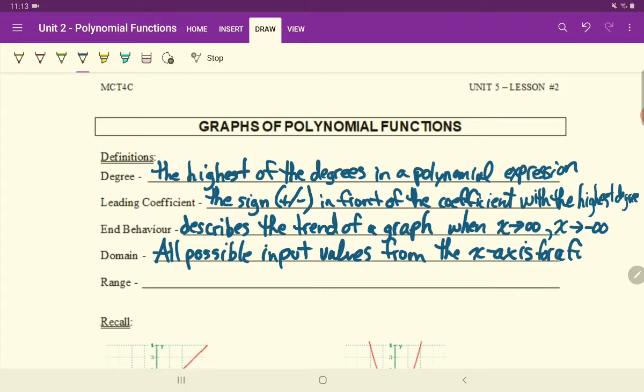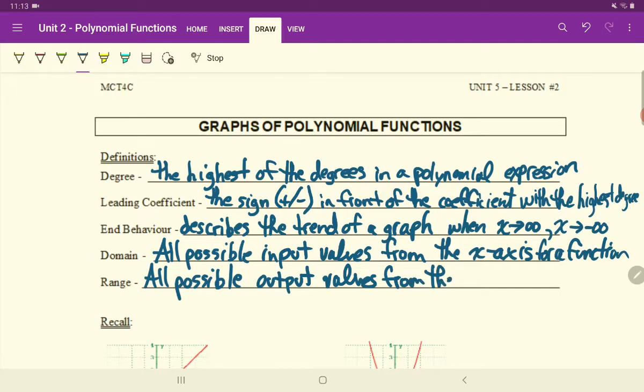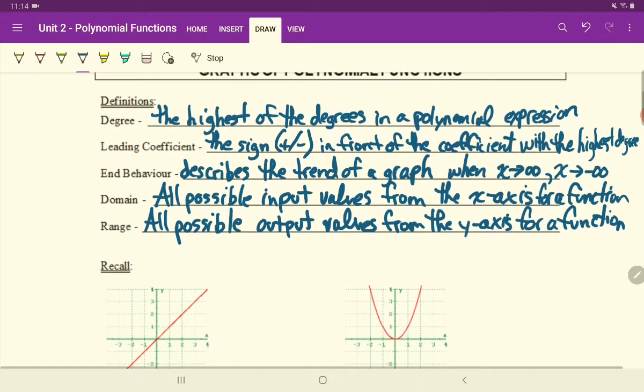And the range is all possible output values, or y's, from the y-axis for a function. That's just a quick recap of some of the terms and definitions that we've dealt with.